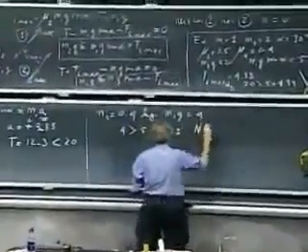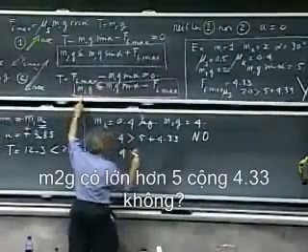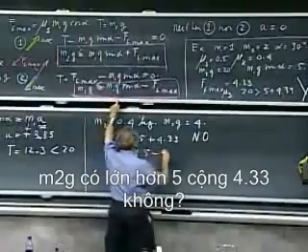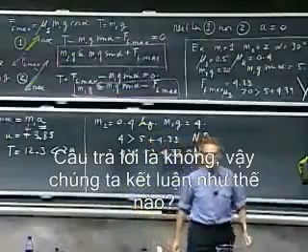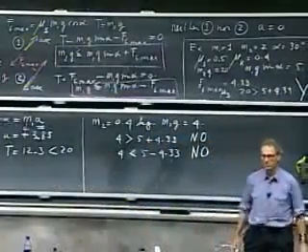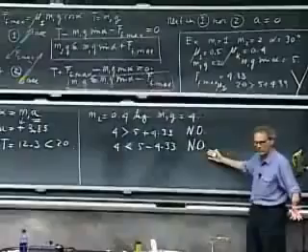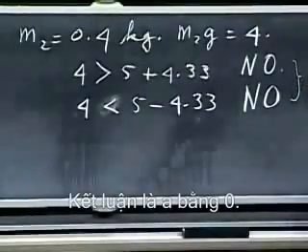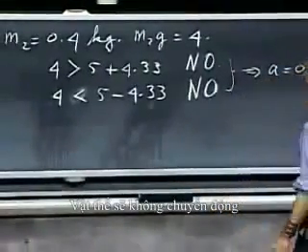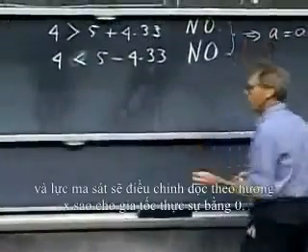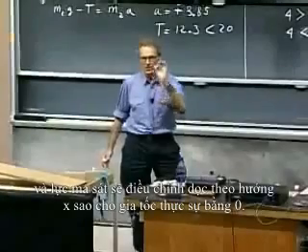The answer is no. I'm going to test for my second case. Is m2g smaller than 5 minus 4.33? The answer is no. So what do we conclude? What must be our conclusion? Condition 1 is not met. Condition 2 is not met. Conclusion: a is 0. The object will not be accelerated. And the frictional force is going to adjust along the x direction so that the acceleration indeed is 0.